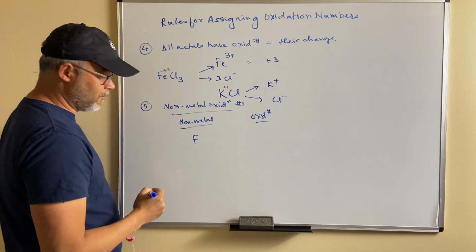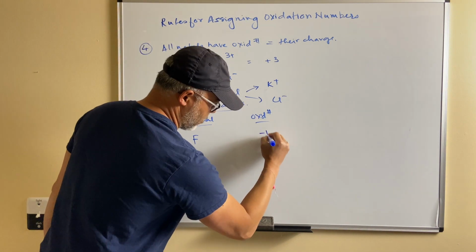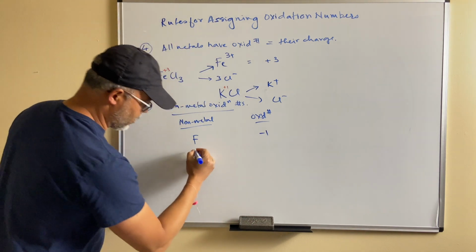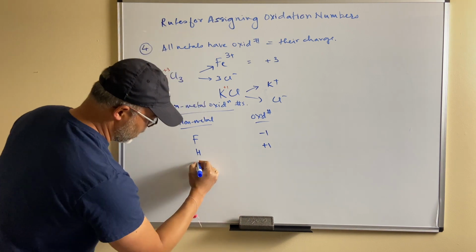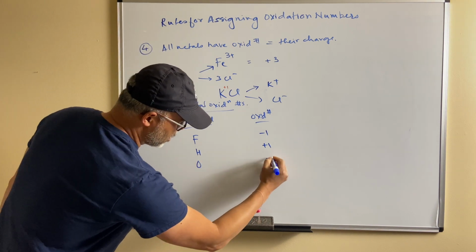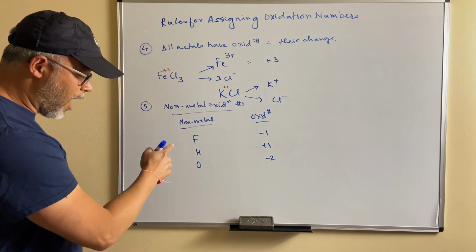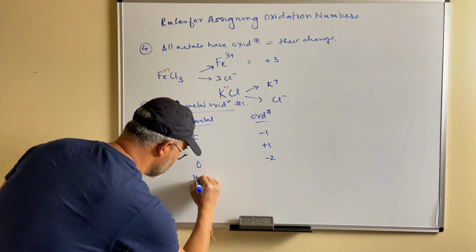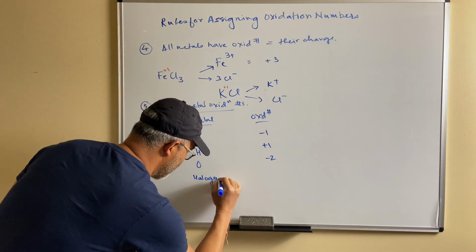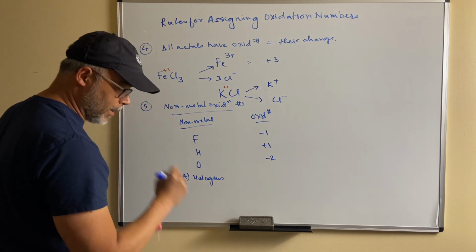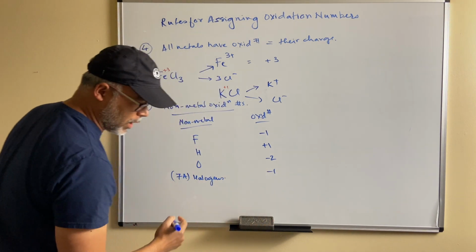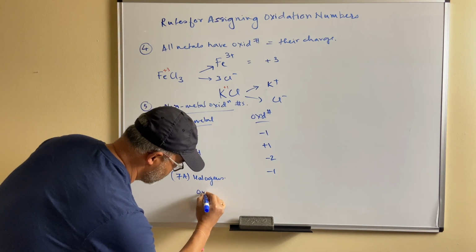At the top of the list is fluorine, and fluorine has an oxidation number of -1. Then comes hydrogen. Hydrogen is +1. Then comes oxygen. Oxygen is -2. After oxygen come the halogens. Halogens are group 7A. Those would be -1, and then you have the oxygen group.